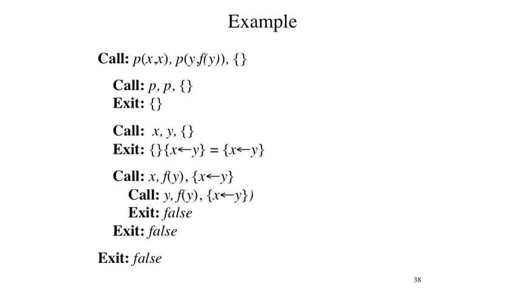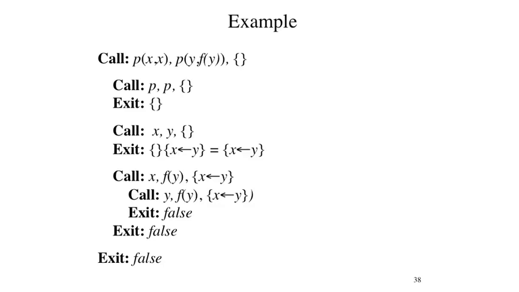Okay, here's one more example. This one's similar to that last one, except that the second term in the second expression is the functional term f of y that contains y. After unifying the first two arguments, we find ourselves trying to unify x and f of y with a substitution where x is bound to y. Now, in order for this to work, we would have to unify y and f of y.